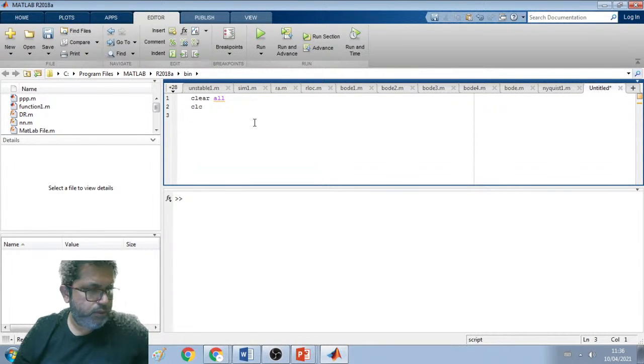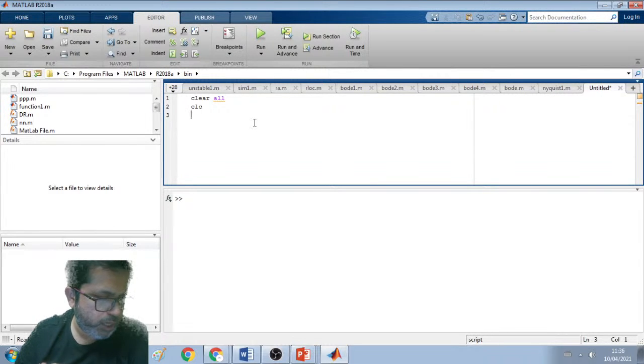So what was our example? Our example was G(s) equal to 25 by s square plus 2.5 s. If you remember that.